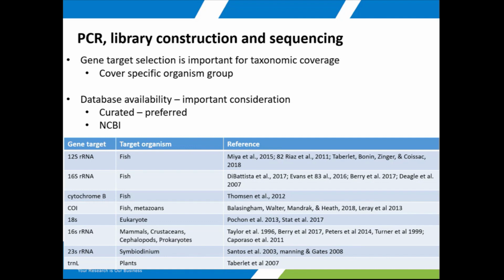So you need to check which database is suitable for your studies. The best advice, same as earlier, is to go back to the paper and see what database the authors used to match the sequences and do the species identification.